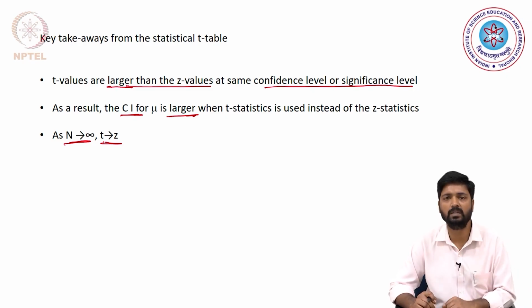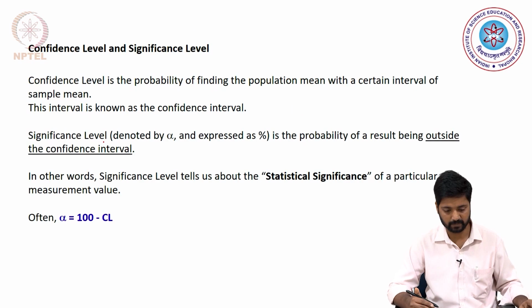So in other terms, what this table tells us is that our predictability about the population increases as the number of readings are increased, and a limiting case of t statistics at infinite readings is the z statistics.